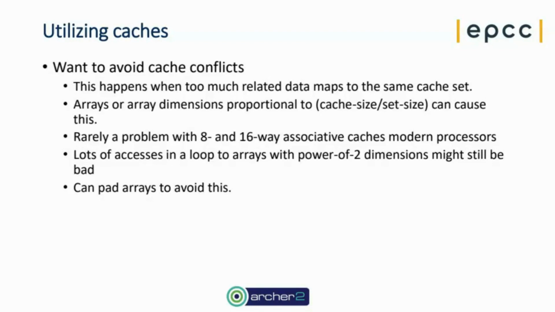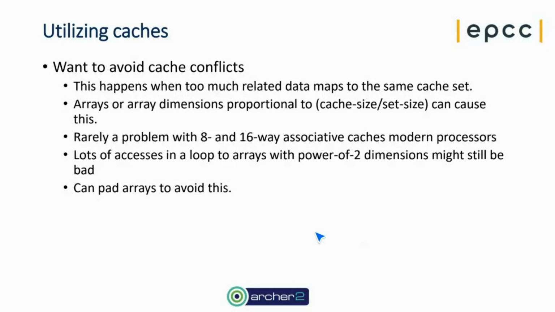Okay, cache conflicts. I think this is essentially not a problem anymore. Back in the days when we had two-way set associative caches, you could run into problems. If you had lots of arrays with dimensions of powers of 2, you could end up with the corresponding elements of multiple arrays all resolving to the same set.